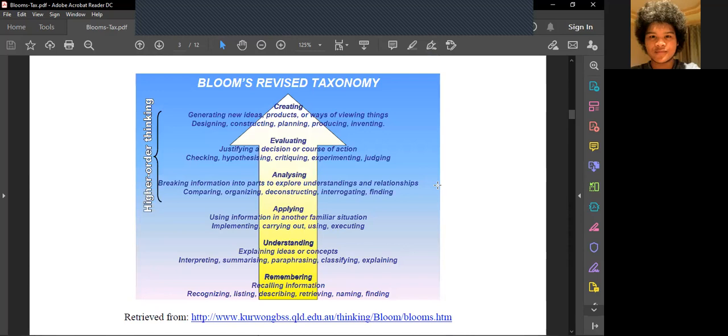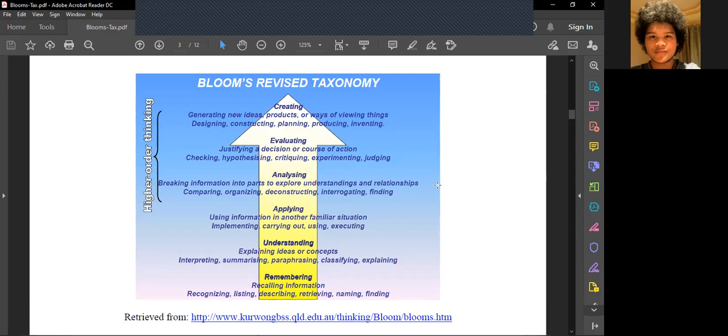Now, this is the definition of Bloom's revised taxonomy on the levels of order thinking. Below we have the lower order thinking skills. We have remembering, recalling information, such as recognizing, listing, describing, retrieving, naming, and finding. Next is understanding, explaining ideas or concepts such as interpreting, summarizing, paraphrasing, classifying, explaining.